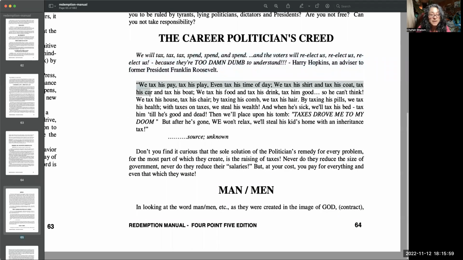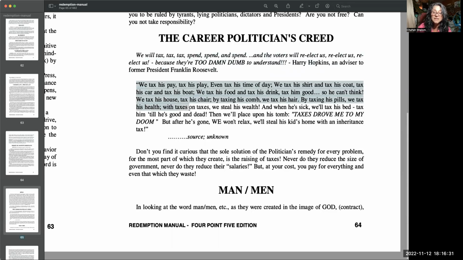We tax his pay, tax his play, even tax his time of day. We tax his shirt and tax his coat, tax his car and tax his boat. Sounds like Dr. Seuss. We tax his food and tax his drink, tax him good so he can't think. We tax his house, tax his chair. By taxing his comb, we tax his hair. By taxing his pills, we tax his health.